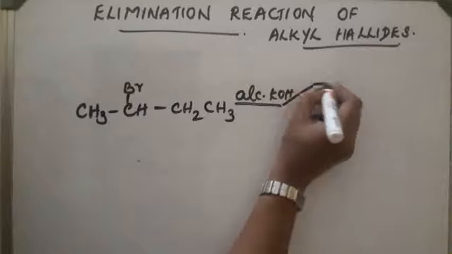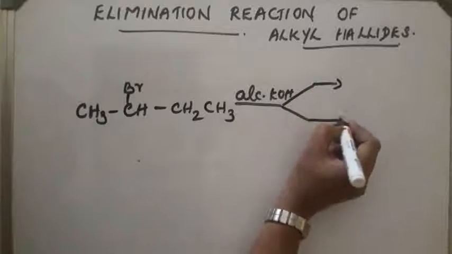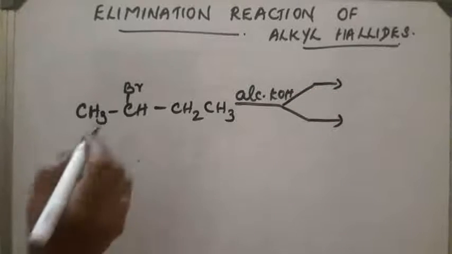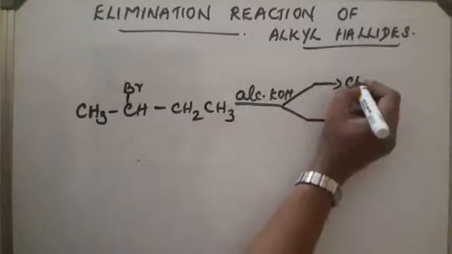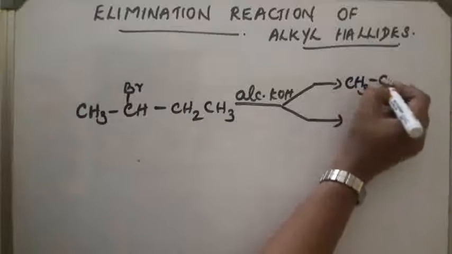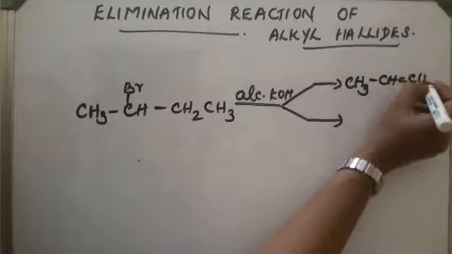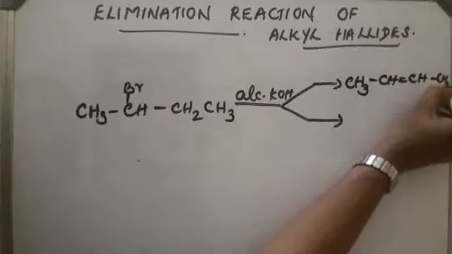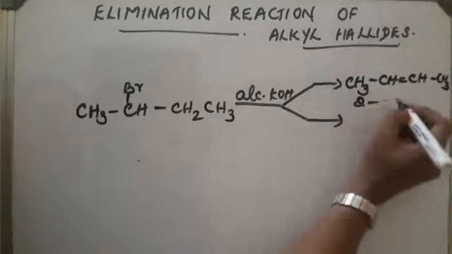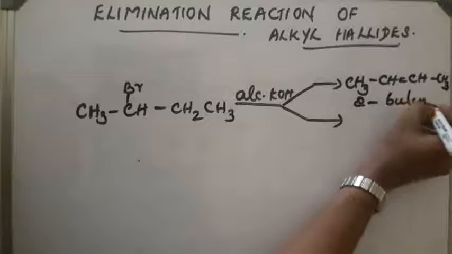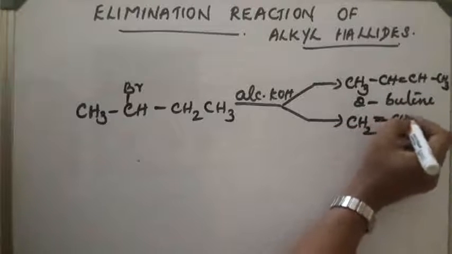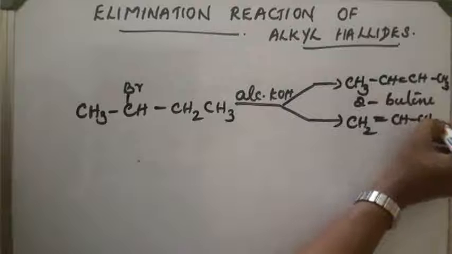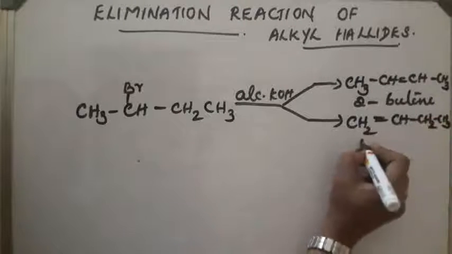Two products are obtained. Either the double bond will be here or the double bond will be here. The first product is CH3 CH double bond CH CH3, which is 2-butene, and the next product is CH2 double bond CH CH2 CH3, which is 1-butene.